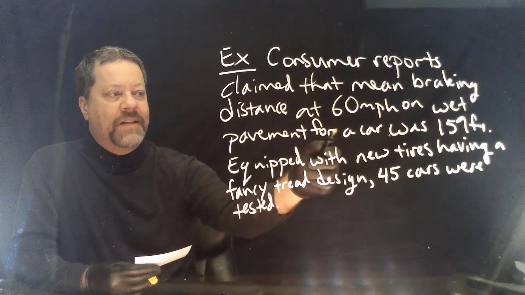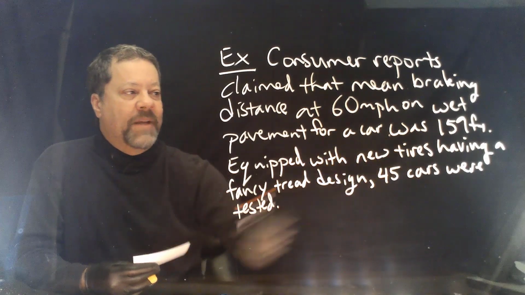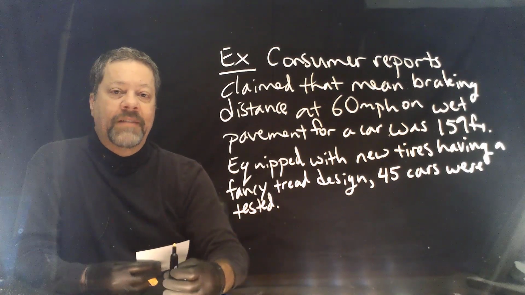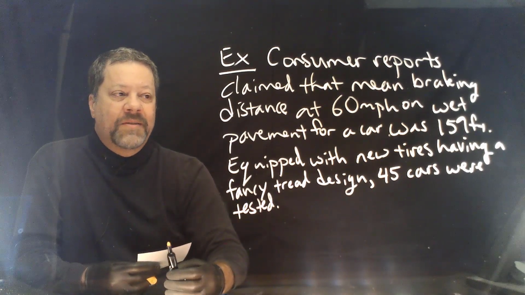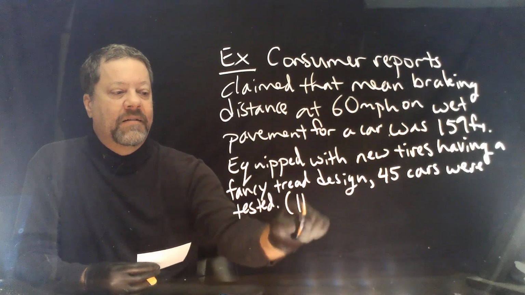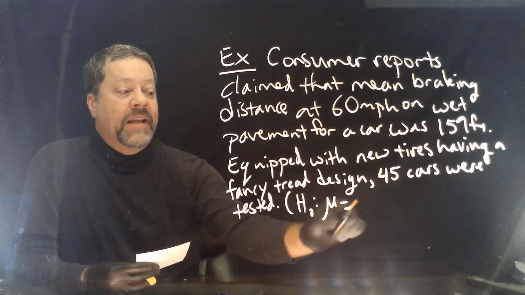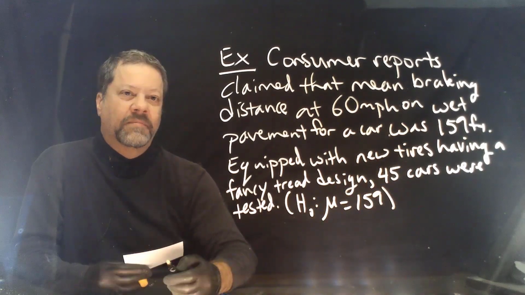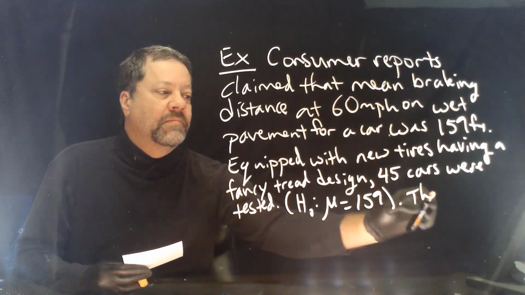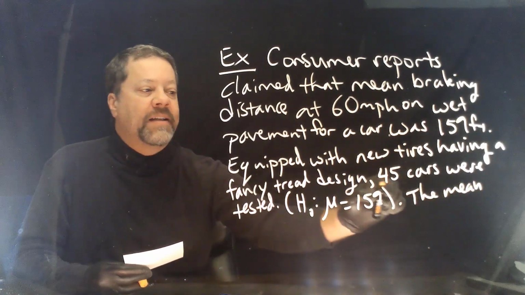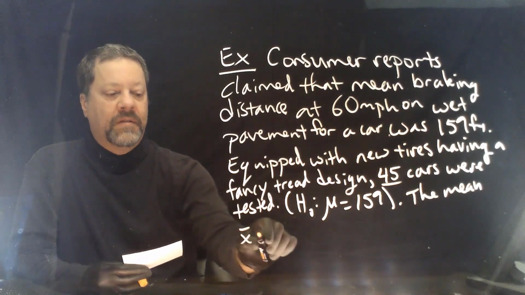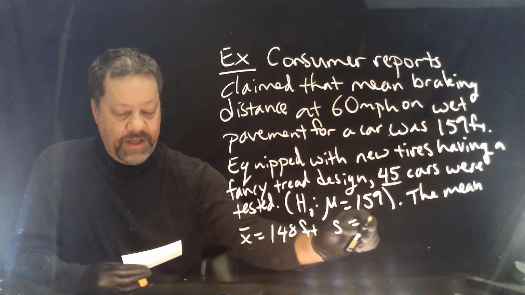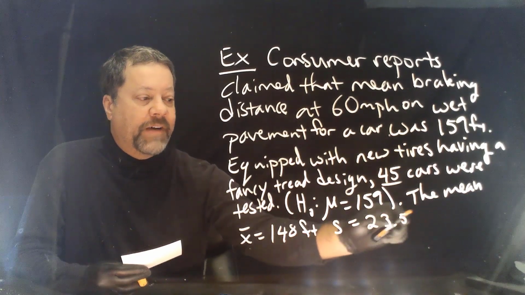So first, with the standard tires, 60 miles per hour, the mean was 159. We have new tires. We have no reason to believe that they behave any better or differently. So the null hypothesis mean here will be that the mean with the new tires is still 159 feet. The mean on the test of these 45 cars was 148 feet, with a standard deviation of 23.5 feet.